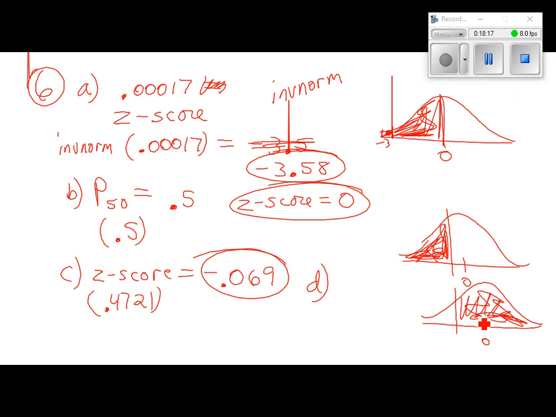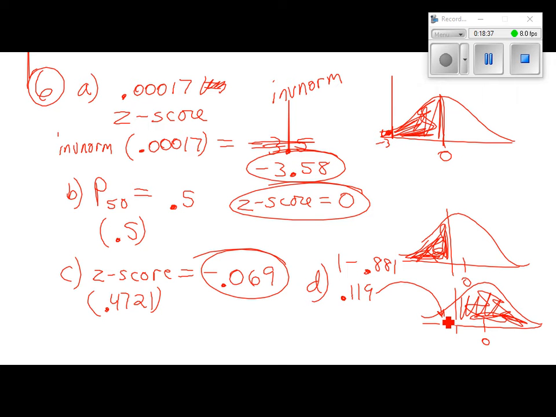So what do we need to do? We take 1 minus, change that to a decimal, 0.881. What's that give us? 0.119. That's this area here.